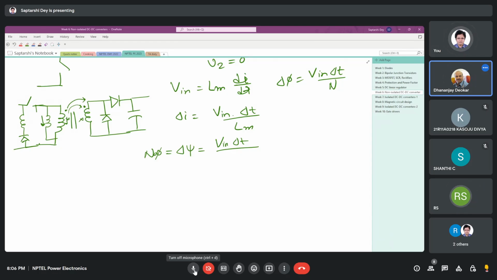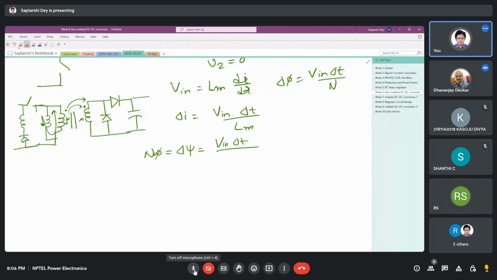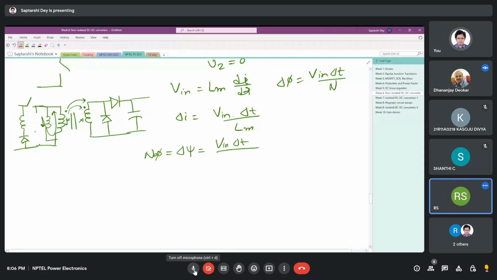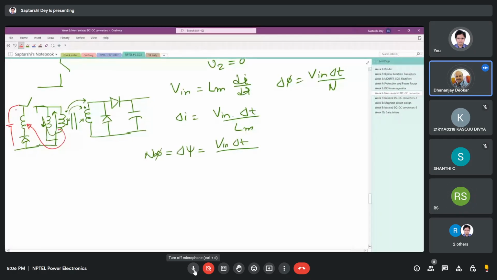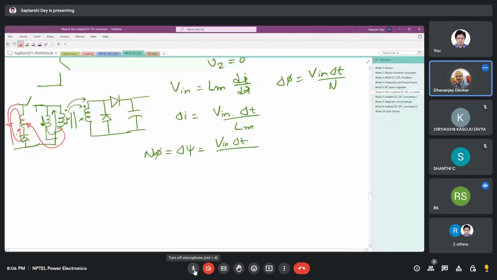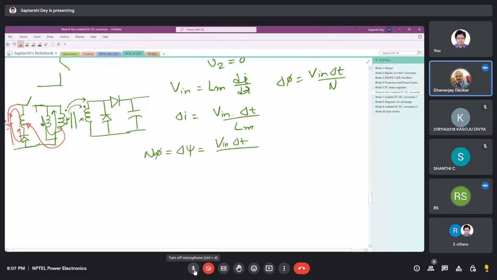What is happening is this current is flowing like this, and just like an ideal transformer, that is being reflected here in turns ratio, and here is the source. It is going back to the source like this. You can see that the source is positive and negative here, and the current is flowing like this.